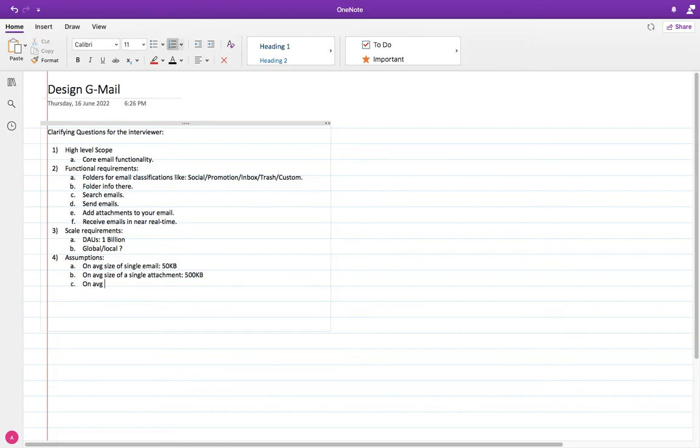On average, daily emails sent by a user. Let's assume on average a user sent 10 emails. On average, daily emails received by a user, let's say that is 40, 4 times the number of emails that I sent.